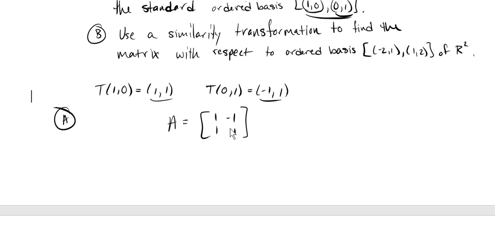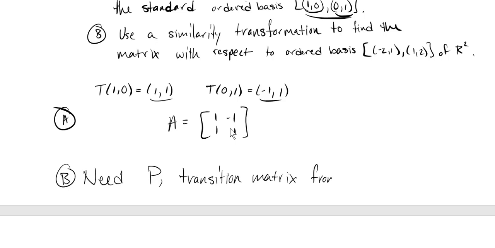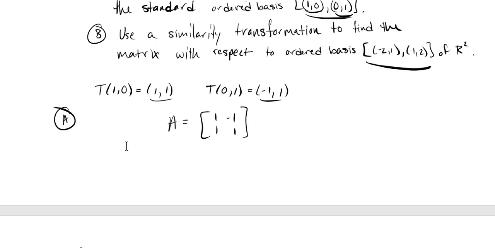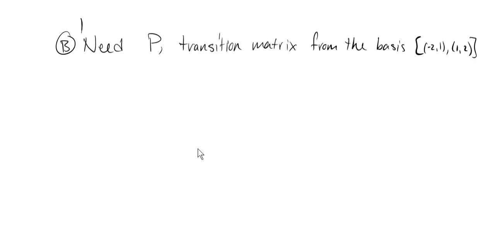So we need P, the transition matrix from the basis negative 2, 1, 1, 2 to the standard basis, right?